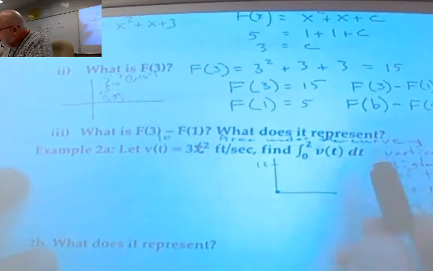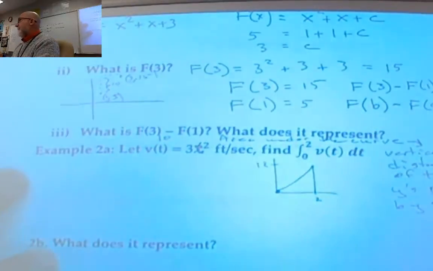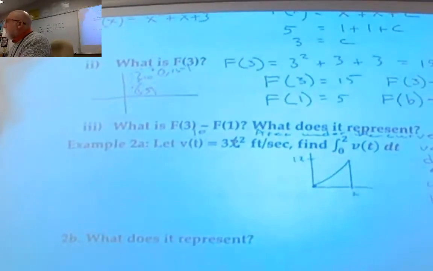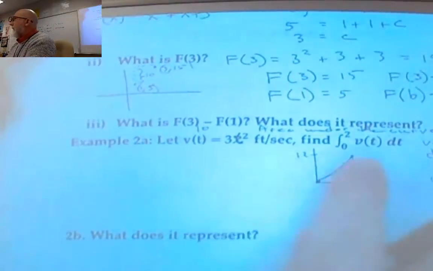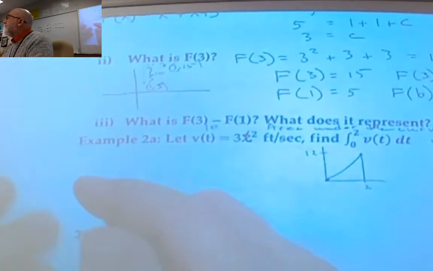If I put 2 into this function, I get 12. Here's 2. So it's a parabola, correct? That's what it looks like. So right now, the only way we can figure out the area of that curve is using a limit, correct? So we're going to do the limit.